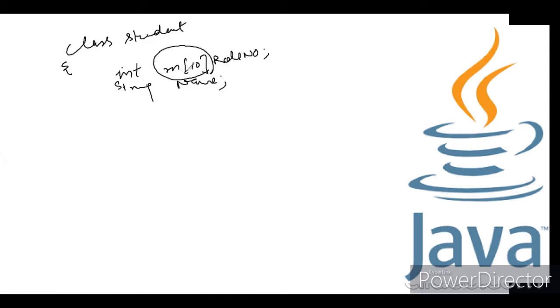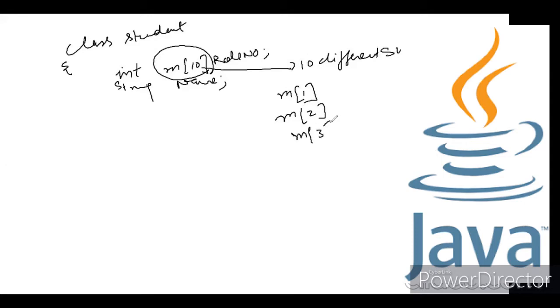In this M[10], you can input 10 different subjects' marks. Although the subject names are not there, 10 different marks are available, and you can refer to them like this: M[1], M[2], M[3], and so on.